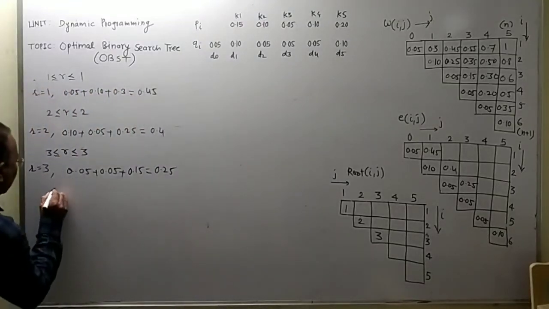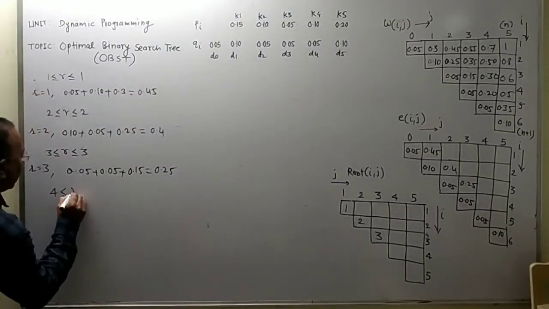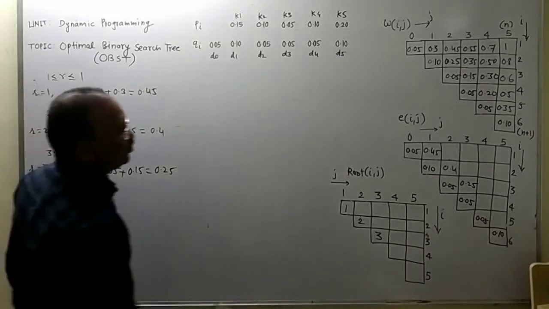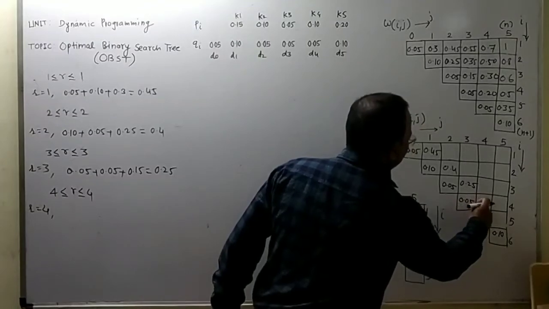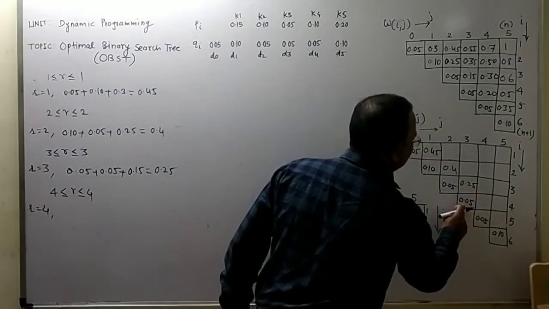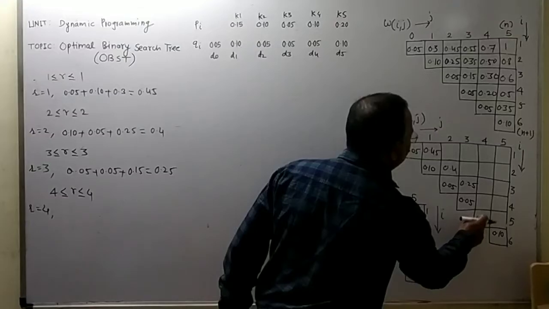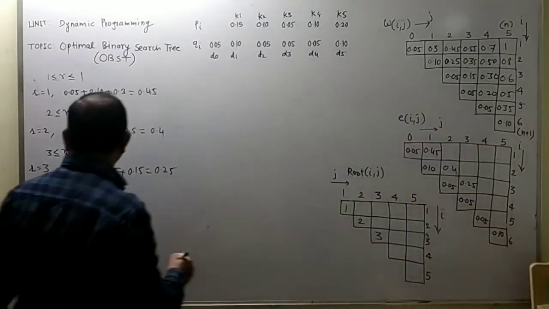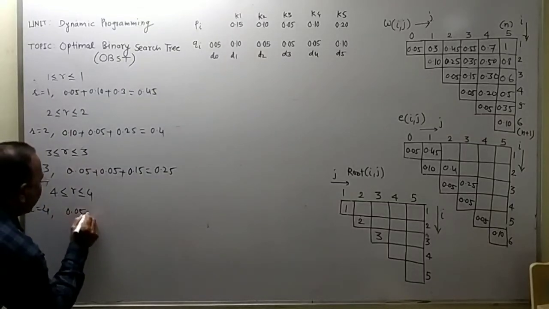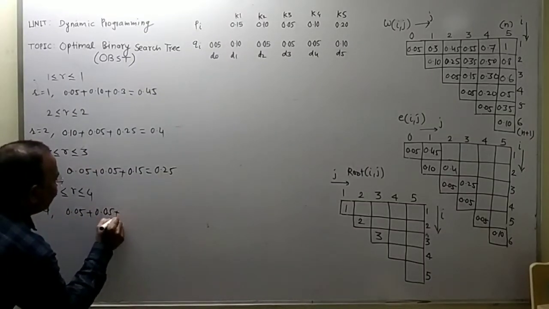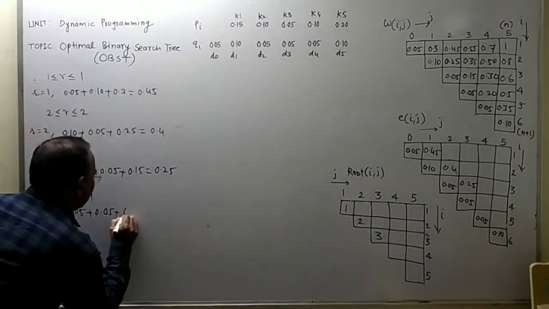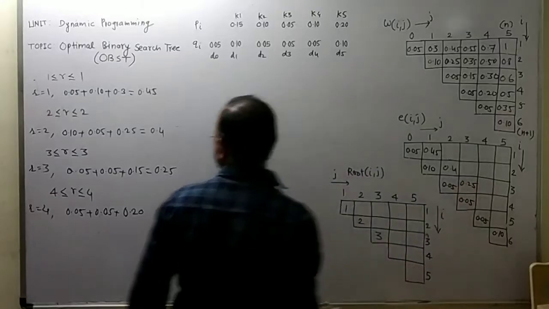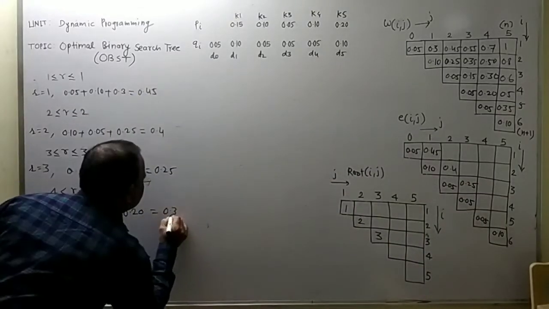Now 4 less than or equal to R less than or equal to 4, R is equal to 4. For this cell we have to add 0.05 with 0.05 and value at 4 cell in W tables, that is 0.20. 0.05 plus 0.05 plus 0.20 comes to 0.3.